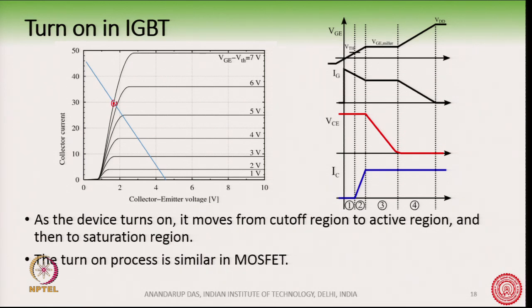This left hand side is the saturation region, this is the active region, and this is the cutoff region of the IGBT. The turn on process I have discussed is very similar in a MOSFET. The MOSFET and IGBT are very similar in structure on the gate side.